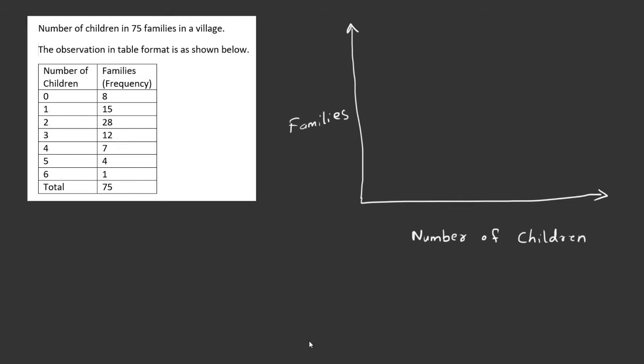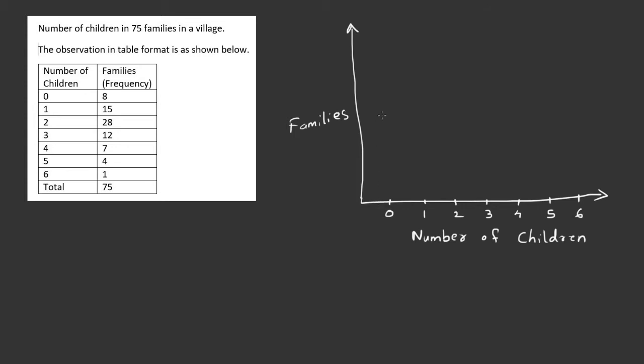Plot bars on each data of number of children. So here we are having 0 children, 1, 2, 3, 4, 5, 6.